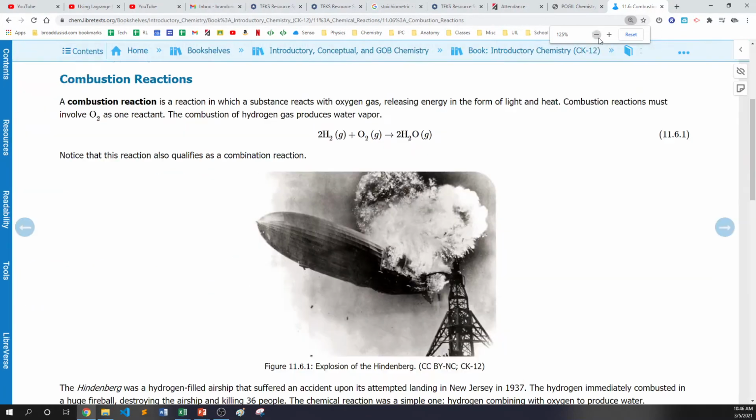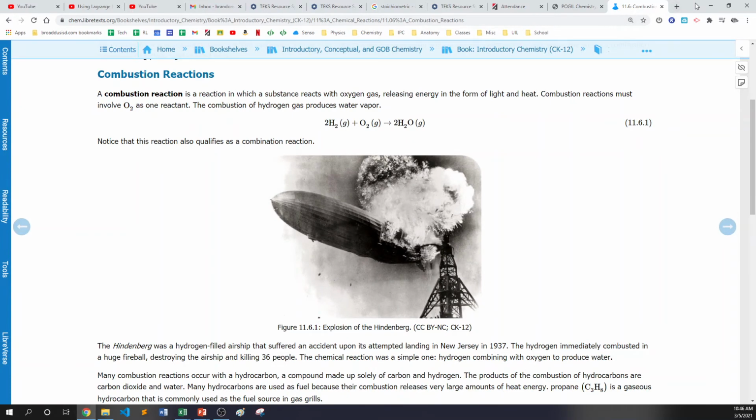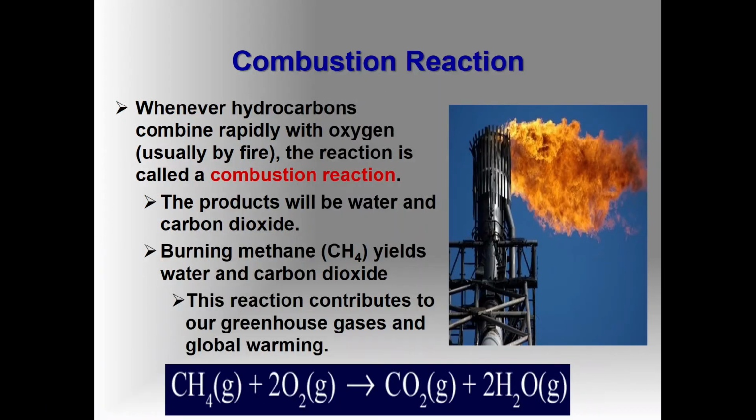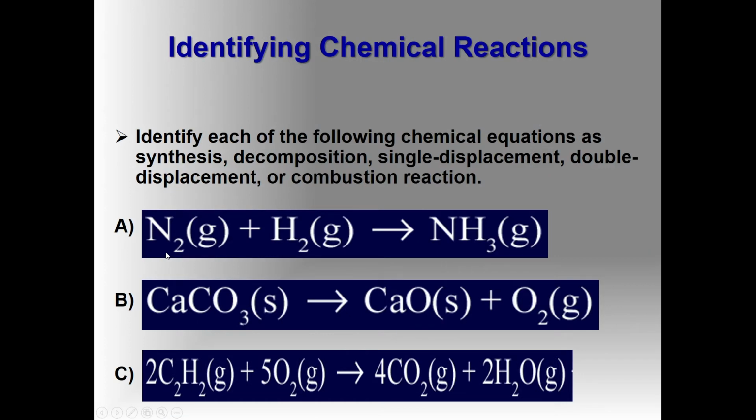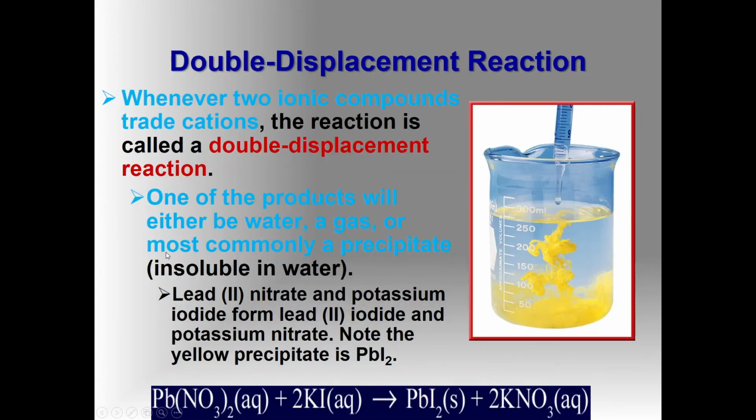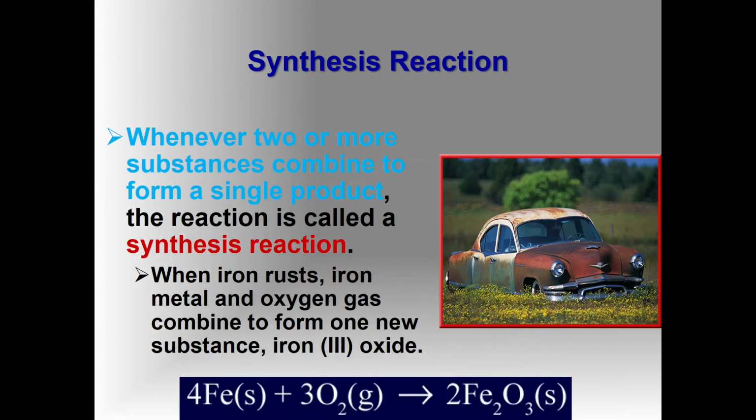I think for the purpose of this class, though, we're only going to look at the combustion of hydrocarbons. Because technically, where is it? This reaction right here, this is a combustion reaction too.